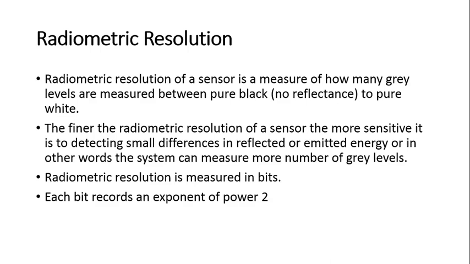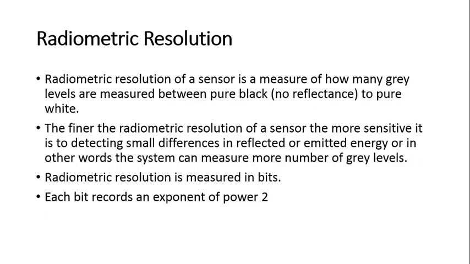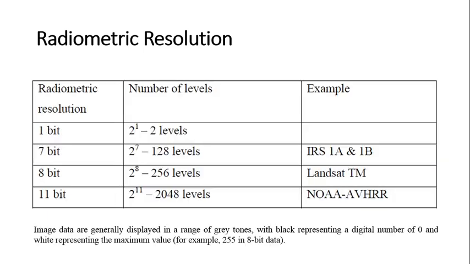Okay, so the finer, it would give you more gray levels. The next table which I am showing you will help you in understanding the fourth point, that is how bit exponent to the power 2 is used here. So for example, if you are talking about 1 bit, it becomes 2 raised to the power 1.